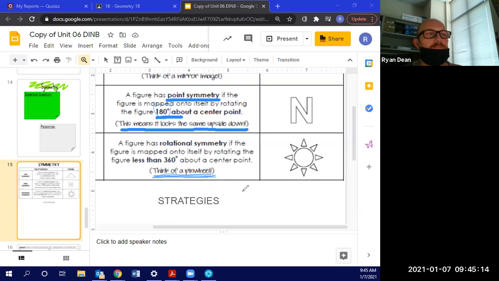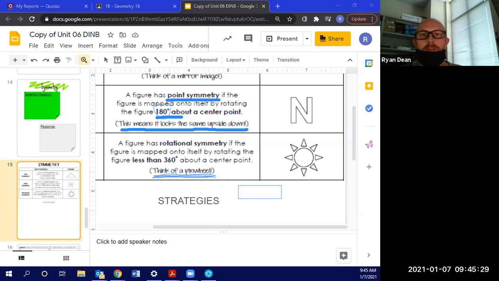For this one, the best example that I can give you is, if I drew this rectangle, this is my original shape.